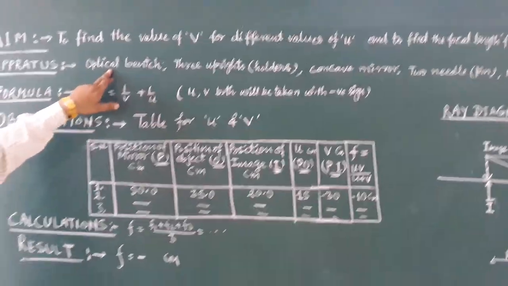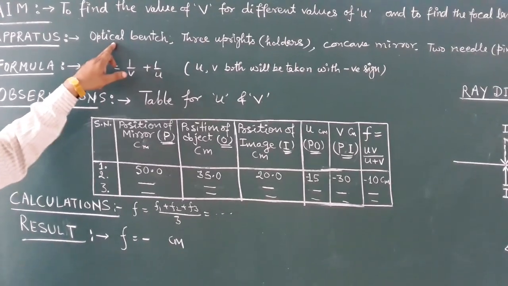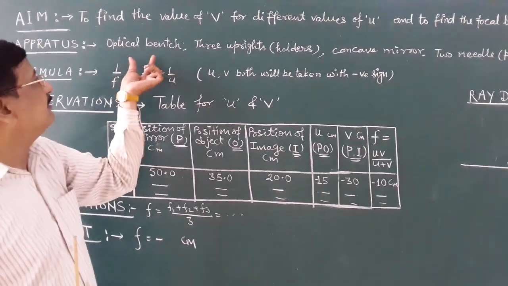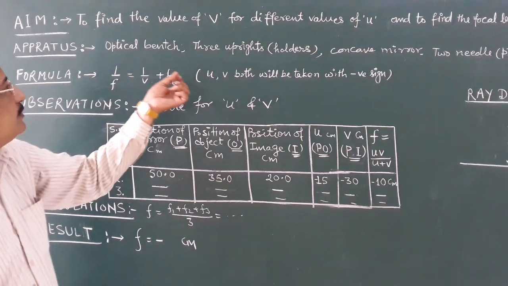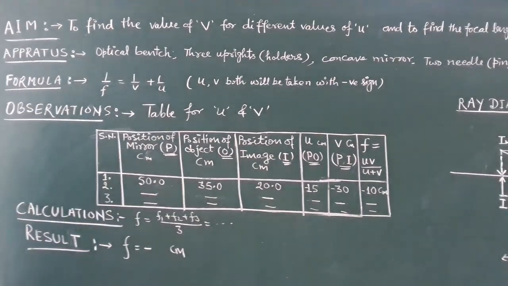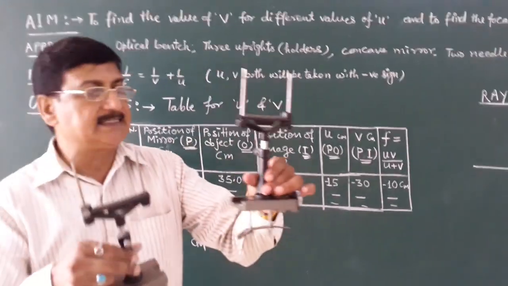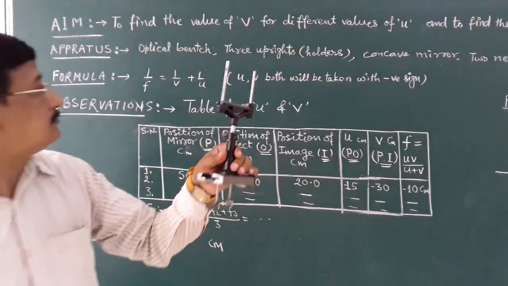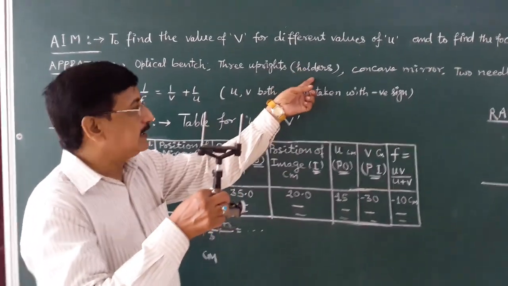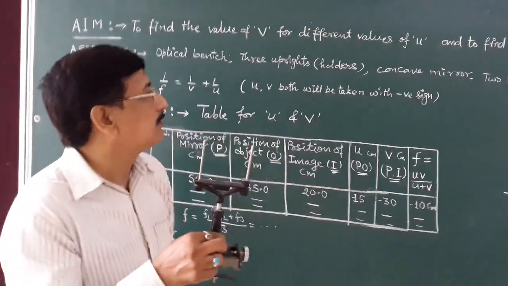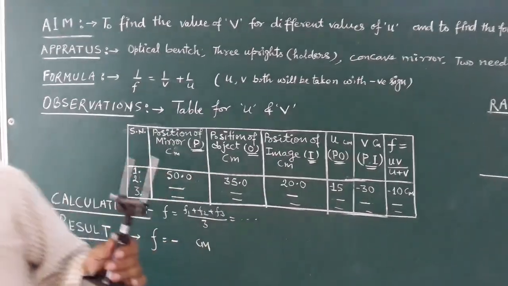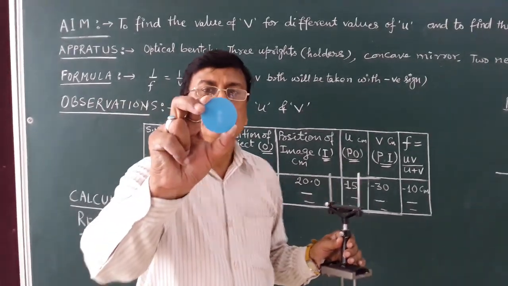Apparatus: optical bench. When we perform the experiment, I will tell you about the optical bench. Three uprights. These are the uprights, and we can say holders which hold the pin or the mirror. Concave mirror. This is our concave mirror.